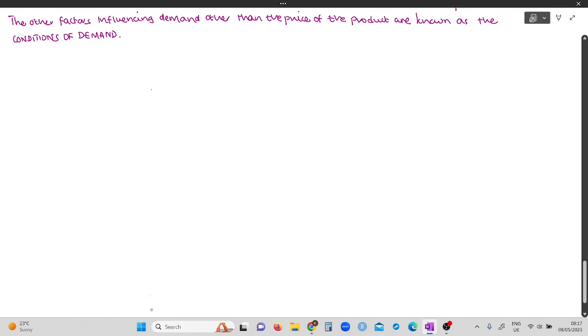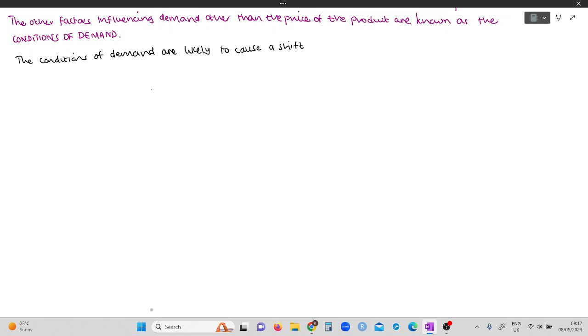Donc là, the conditions of demand are likely to cause a shift. They will cause a shift in the demand curve.